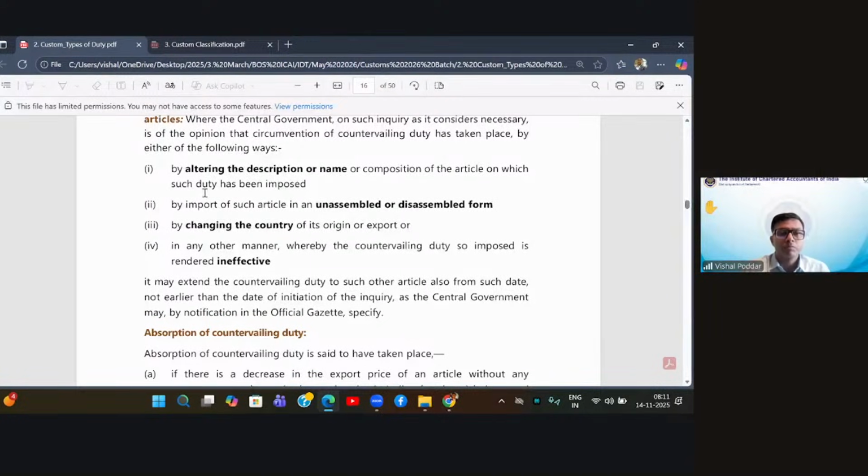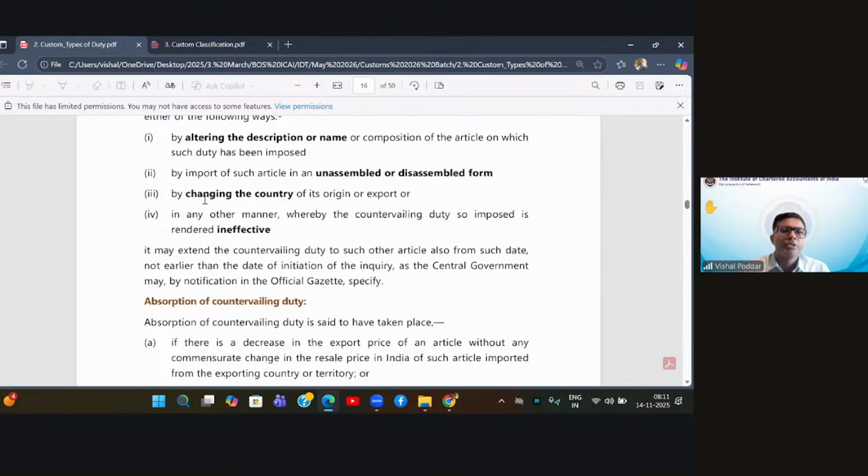Second is import of such article in unassembled or disassembled form. They will purposefully export their goods not as complete whole units, but as different subparts or sub components of that unit, and in India, after import, they will reassemble by changing the country of origin. This is a common practice.